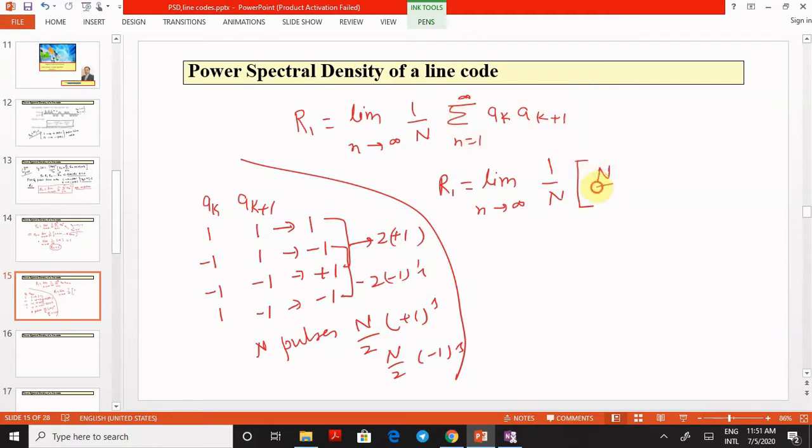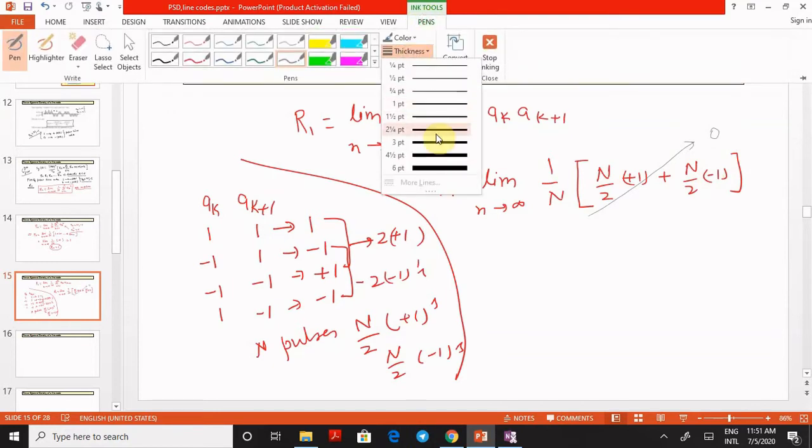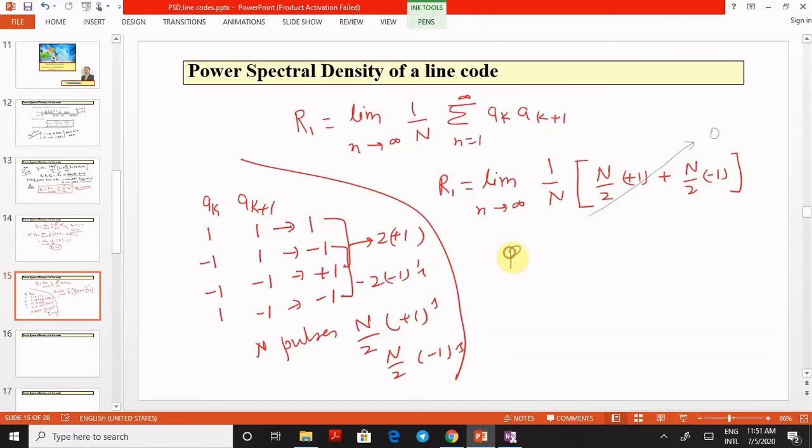So we can simply write down that the answer of the product of ak into ak plus 1 will be n by 2 plus 1s plus n by 2 minus 1s, right? This will be the solution. So n by 2 into plus 1 will be n by 2, plus n by 2 into minus 1 will be minus n by 2. So if we see the calculation here, this term will move towards 0, right? So hence the value of R1 will also be 0.